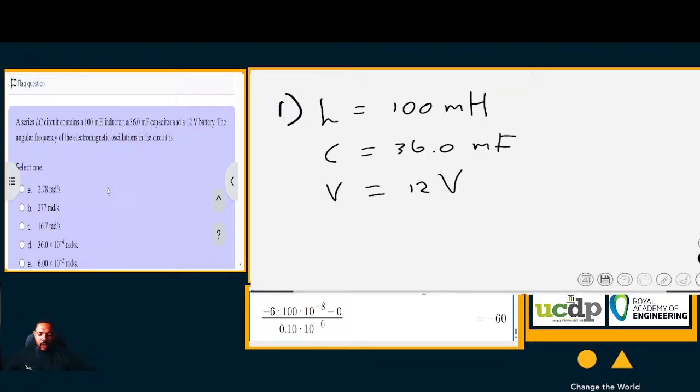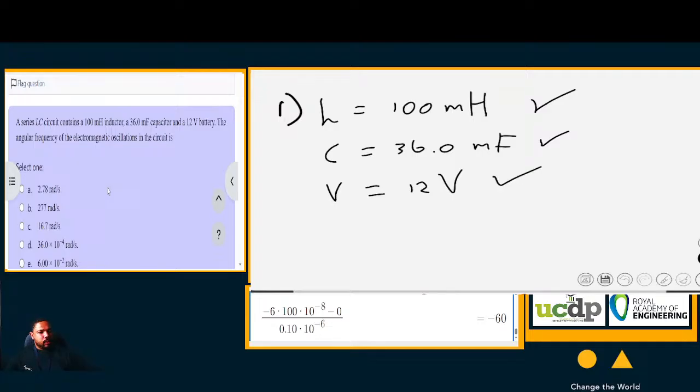So they want us to calculate the angular frequency of the EM oscillations, given that the inductance is 100 millihenry, the capacitance is 36 millifarad, and the voltage is 12 volt, all connected in series.